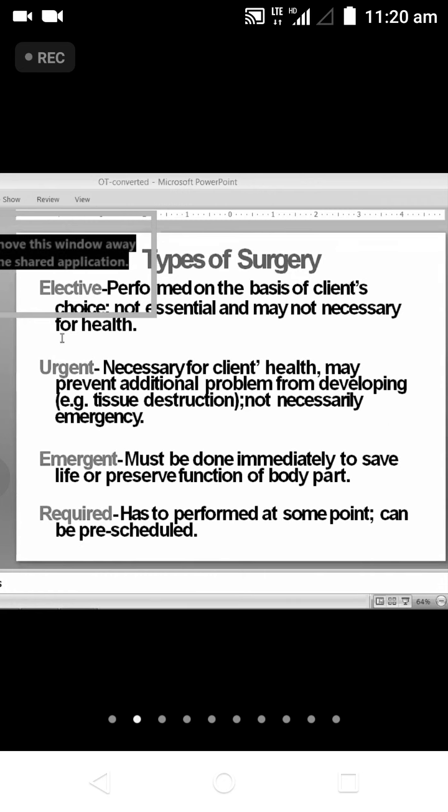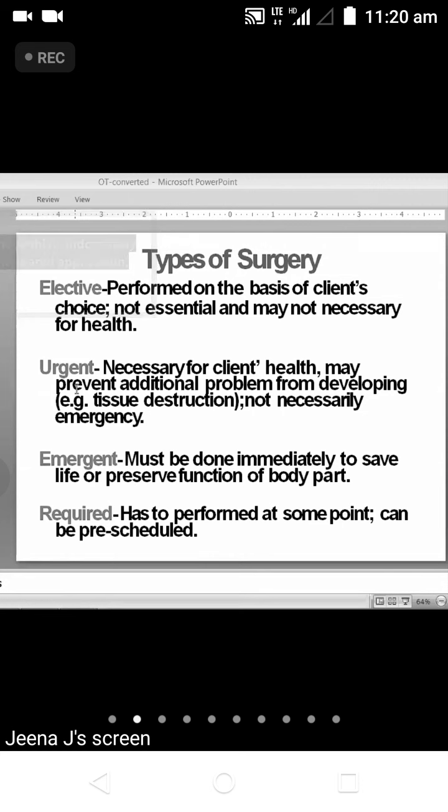So first let us see what is elective surgery. Okay, this is performed on the basis of the client's choice, which is not essential and may not be necessary for health. Which means that the surgery can be scheduled in advance.